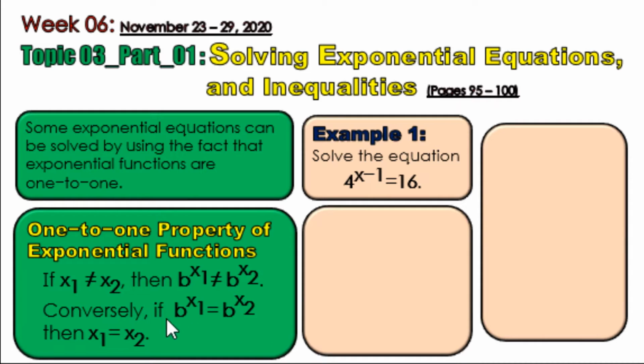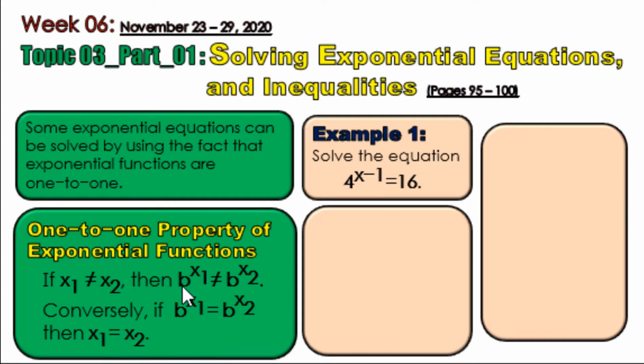Conversely, if b raised to x sub 1 is equal to b raised to x sub 2, then x sub 1 is equal to x sub 2. In short, if we have the same bases and they are equal, therefore the exponents are equal.